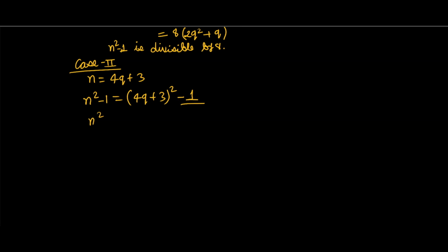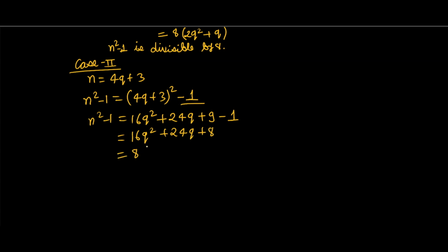So n square minus 1 is equal to 16q square plus 2 into 4 into 3 is 24q plus 9 minus 1. So we will get 16q square plus 24q plus 8.